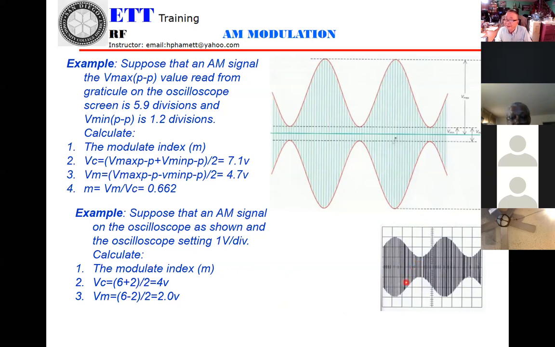VC, that means will be 1, 2, 3, 4, 5, 6. Okay, 6 division. Plus VM 2. That means you get 8. But you must divide by 2. So you get 4. So 2 divided by 4, I think 50%, right? Yes, sir.